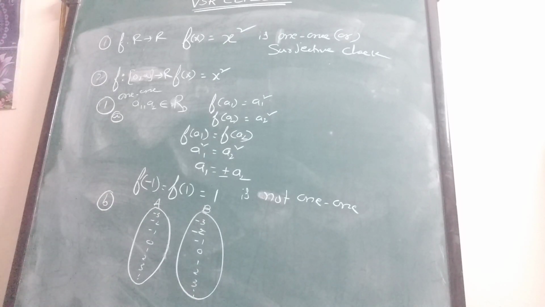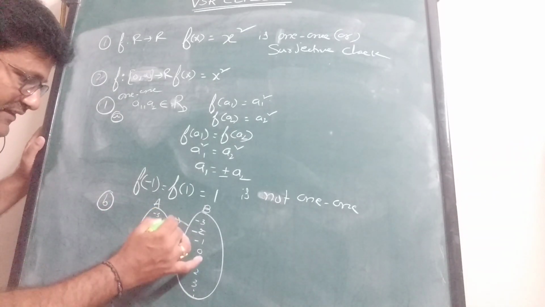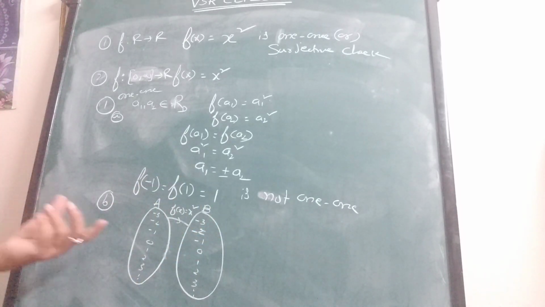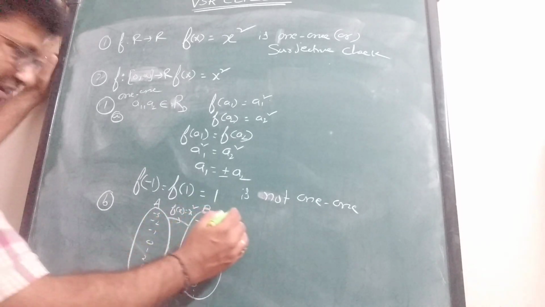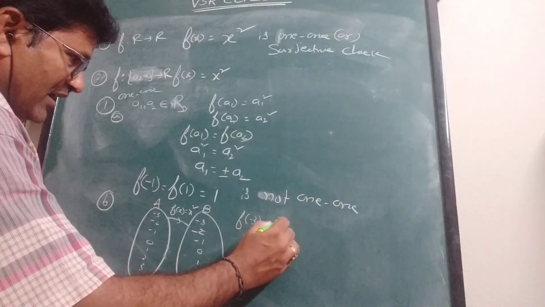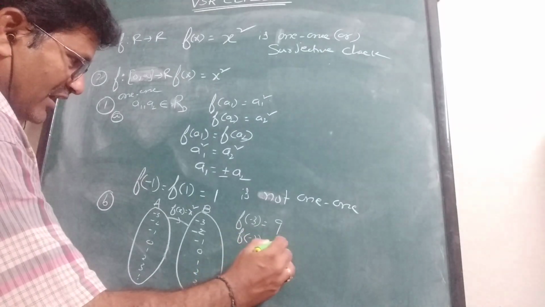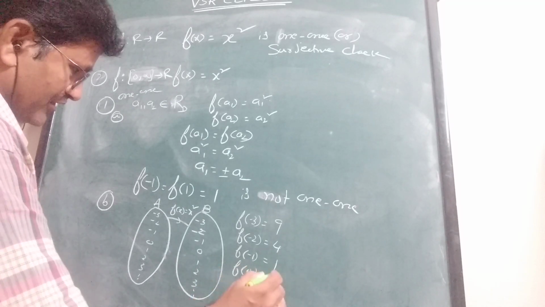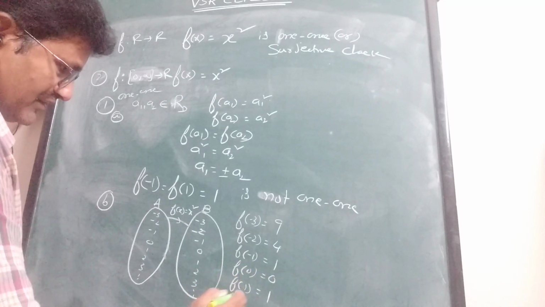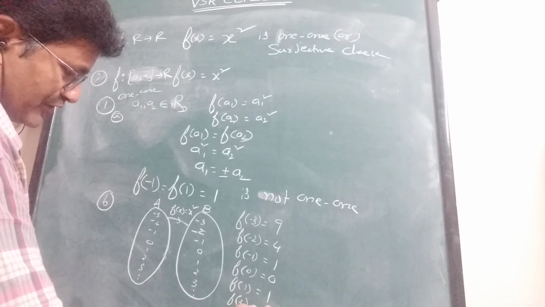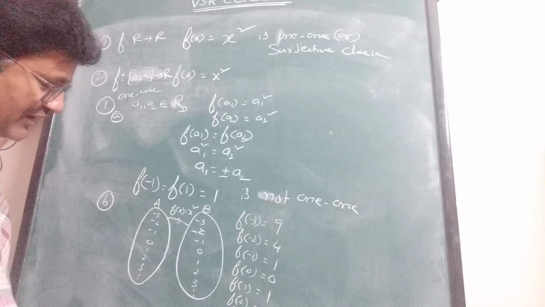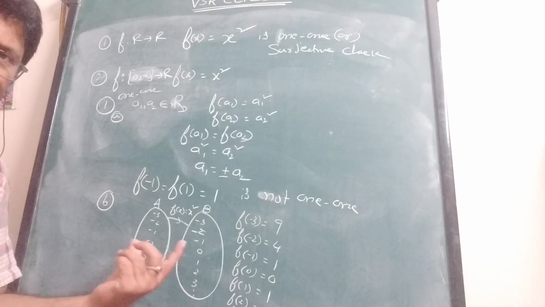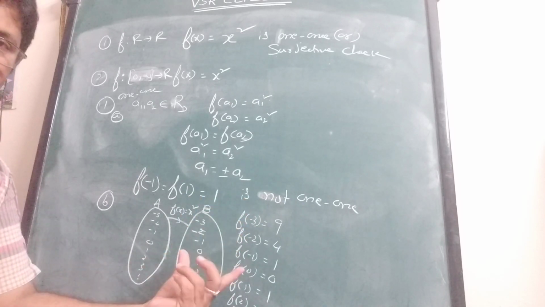The function is defined as f is x square. If you go for minus 3, you will have 9, f of minus 2 you will have 4, f of minus 1 you will have 1, f of 0 you will have 0, f of 1 you will have 1, f of 2 you will have 4, and f of 3 you will have 9. For this domain we are getting the result like this.